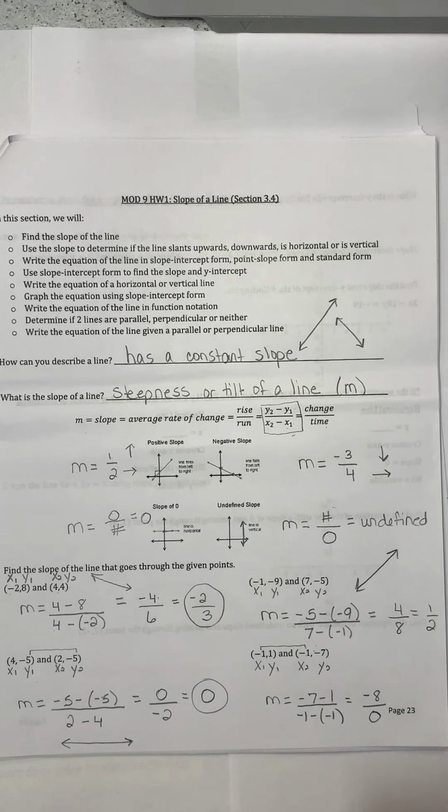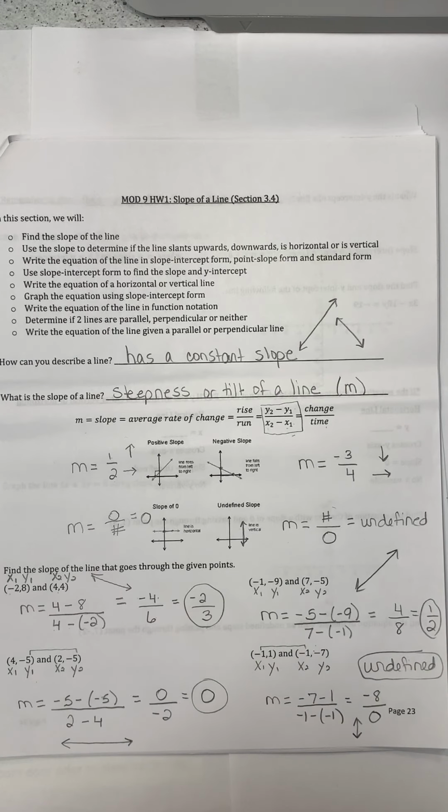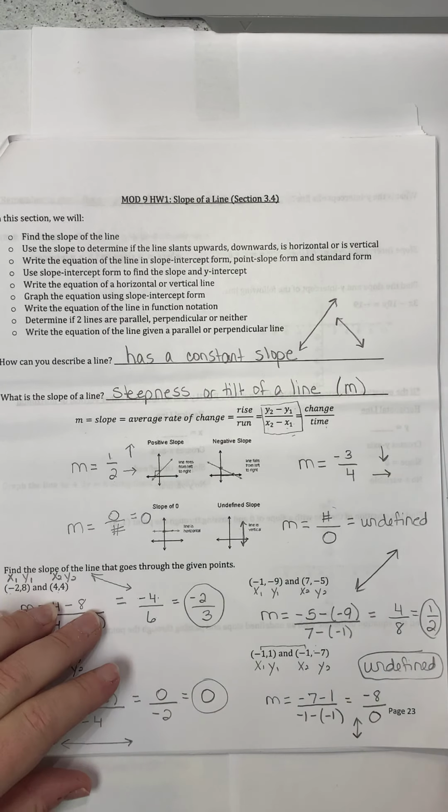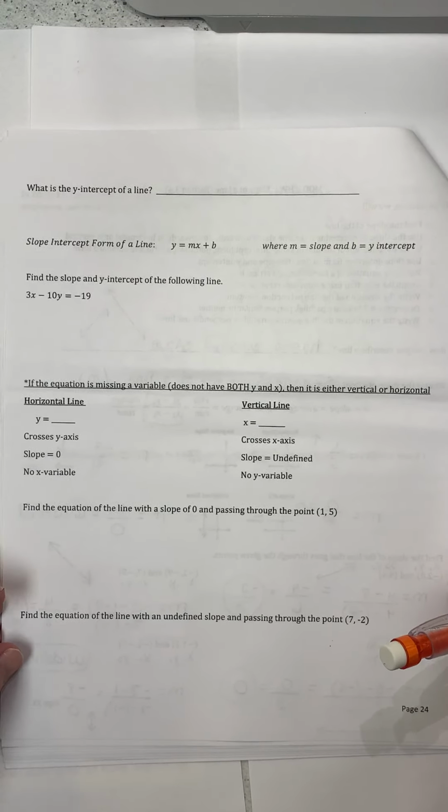And remember, if you have a 0 in the denominator, you are undefined. So our slope here is undefined, which means we have a vertical line. So that's what we're dealing with there. Okay, so remember that little formula so that you can have that for your test. You are going to have to find the slope of different points on your test.